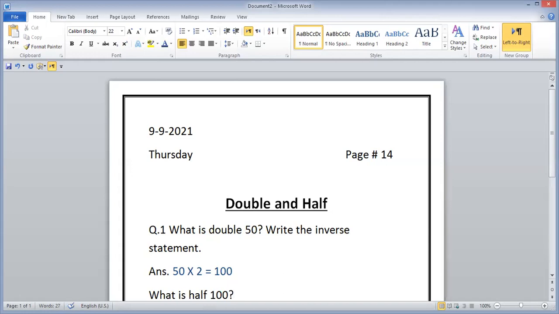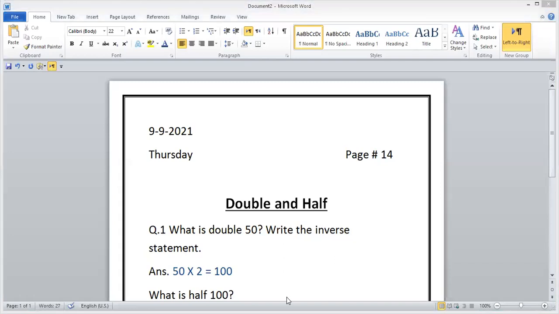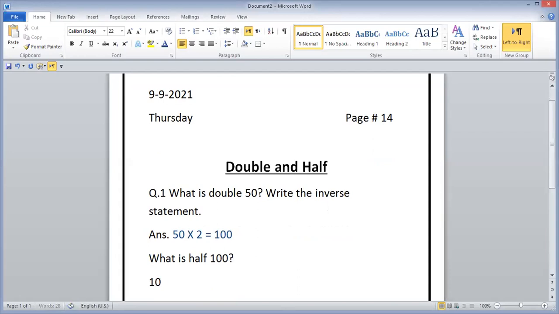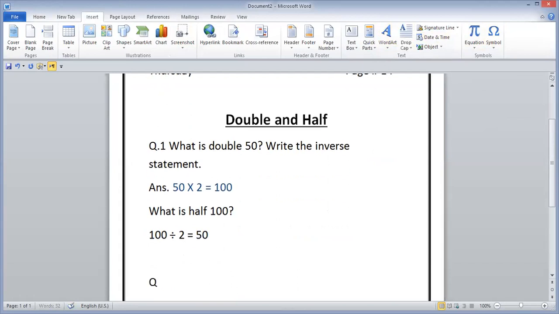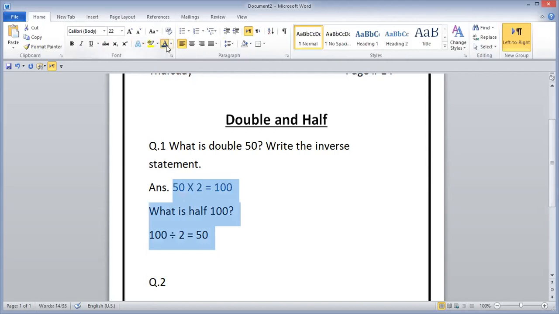In order to write the inverse statement, you will write half. What is half of 100? Then you will solve it. 100 divided by 2 equals 50. This will be your answer.